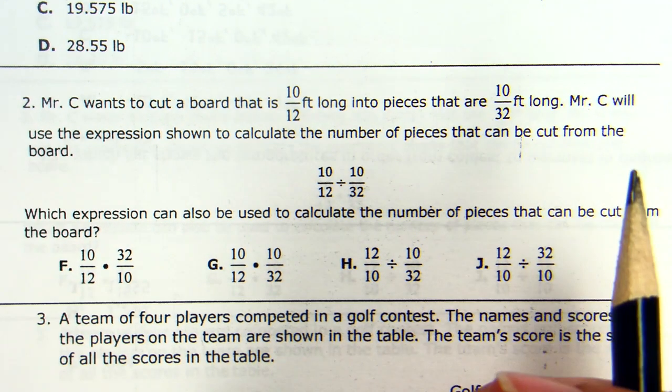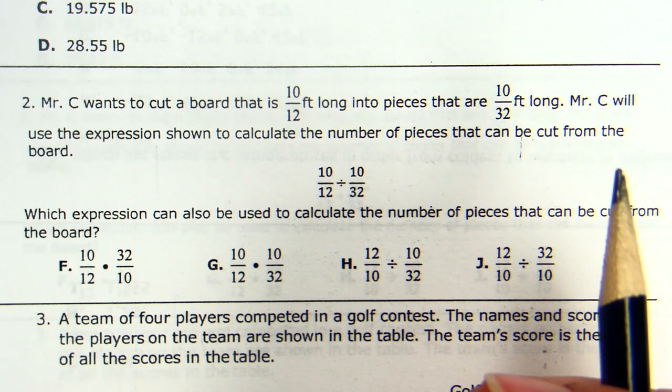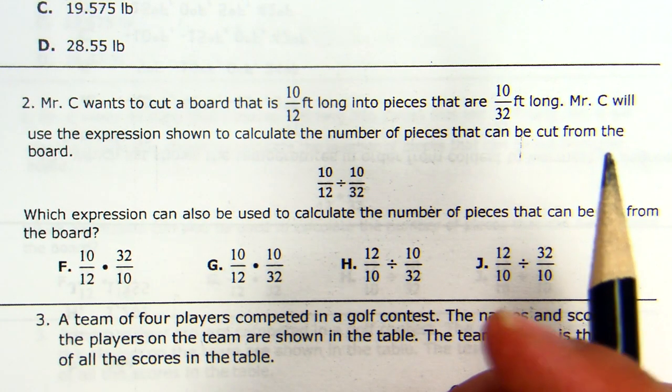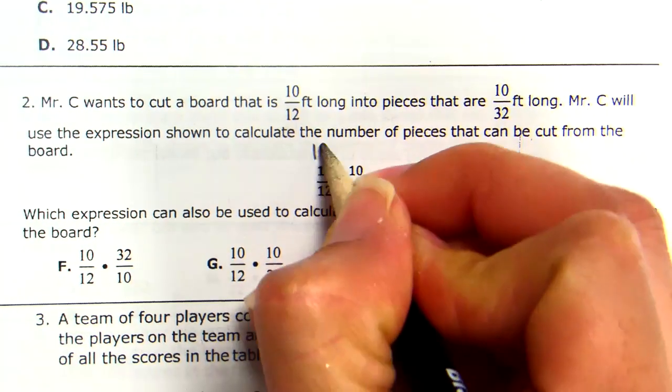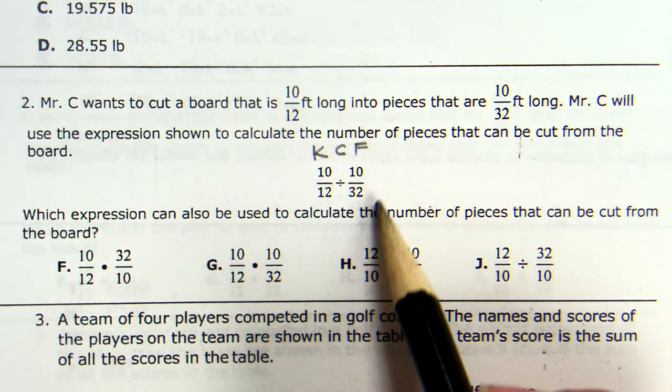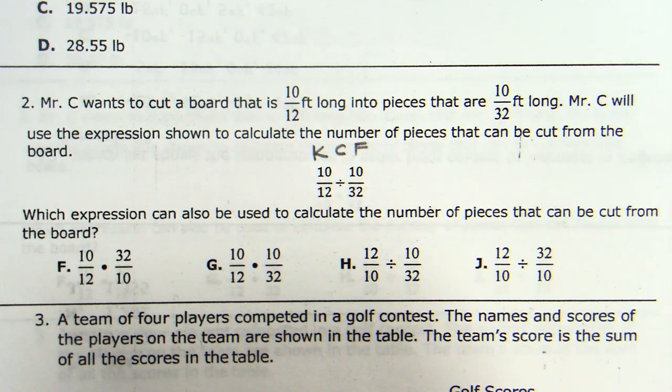What is the strategy that we use to divide fractions? Exactly. Thank you, Esther. Keep, change, flip. Just by doing this strategy, you're going to be able to look at your answer. You don't need to solve it. It's just the setup, okay? Just the setup.